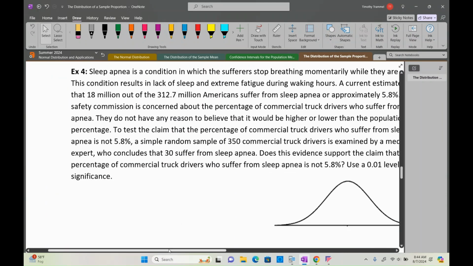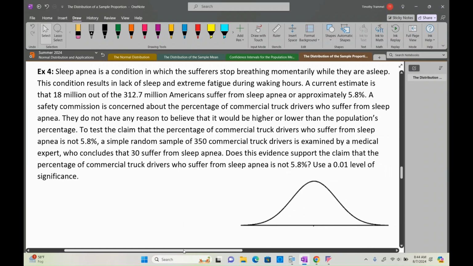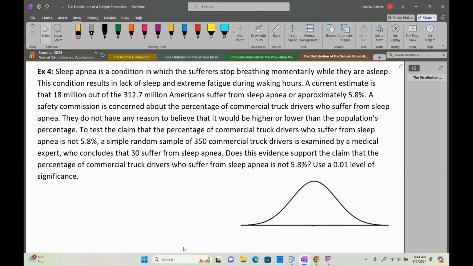Okay. So, sleep apnea is a condition in which the sufferers stop breathing momentarily while they are asleep. The condition results in lack of sleep and extreme fatigue during waking hours. And so we're going to end up looking at the population of truck drivers because they're a group that we would like to be getting a full night's sleep, because it's dangerous to drive when you're sleepy.